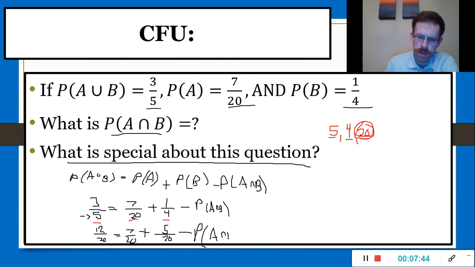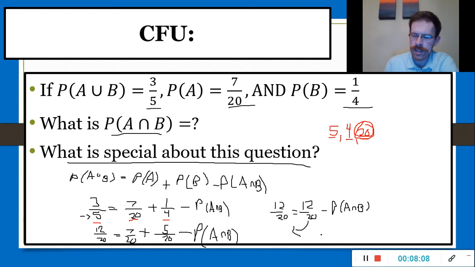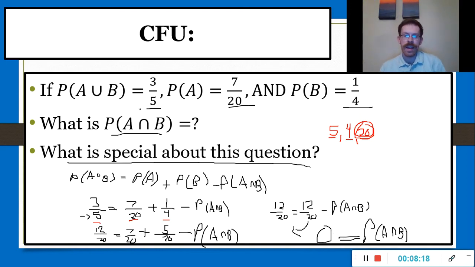Obviously 5. If we combine these two, and we add this on the other side, A intersect B, we see that we get 12 over 20 is equal to 12 over 20 minus the probability of A and B. Well, if we subtract this on both sides, that gives us 0 is equal to the probability of the intersection.